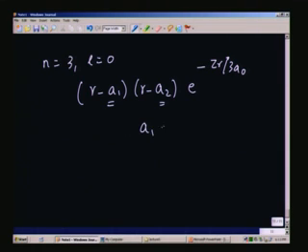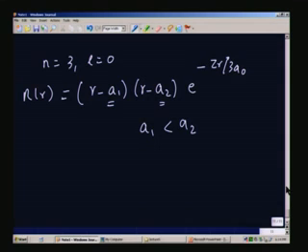If we assume that a1 is less than a2, the radial function is positive from 0 to a1, negative between a1 and a2, and 0 at a2, and when r is greater than a2 this function keeps on increasing as r square.